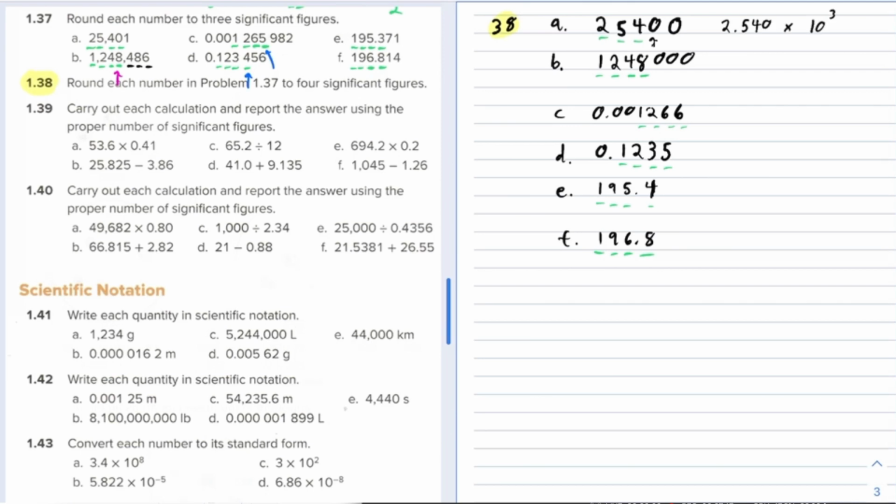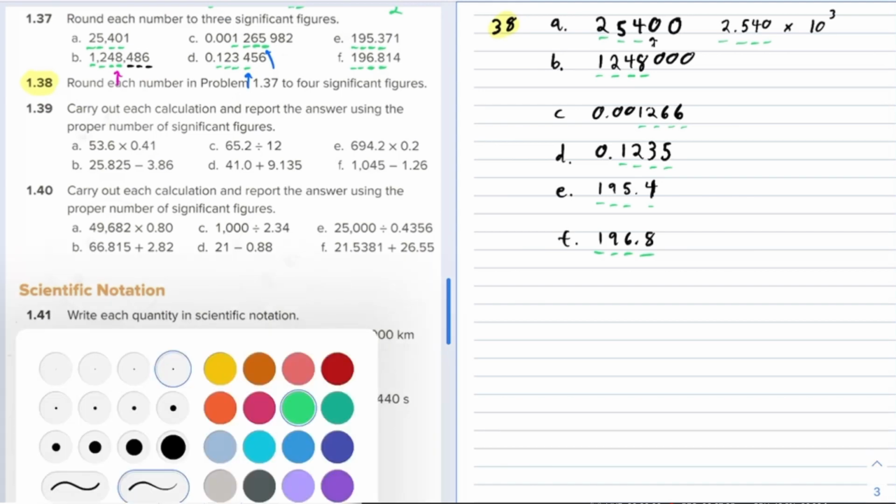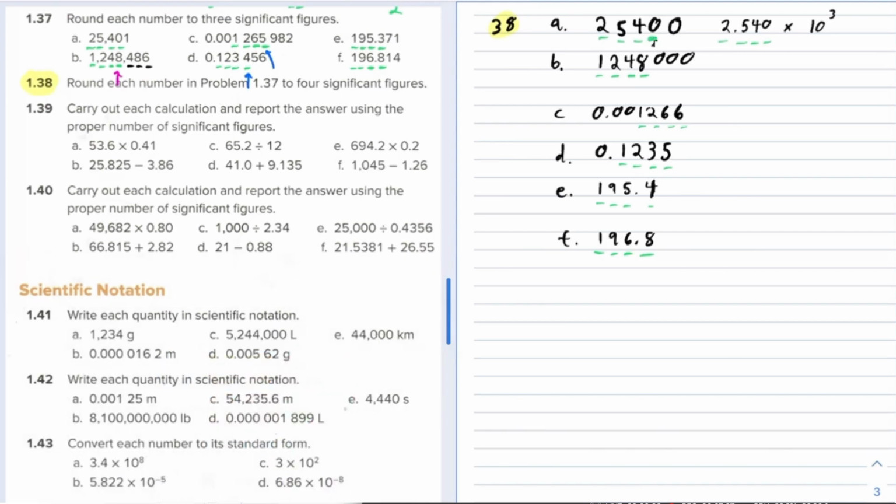That's kind of like telling the reader that even though there's a 0 there, it's a significant number, but the next one is not. So the way you remedy that is you put it in scientific notation with these 4 digits, and you leave that one off. Kind of tricky. A.